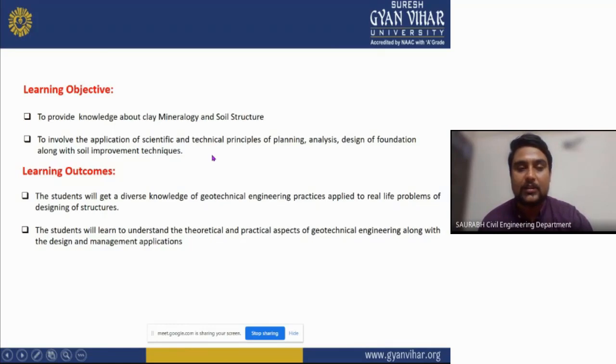There is also a learning outcome where you will understand the knowledge of geotechnical engineering which is applied in the design of structures, and you will also learn about the theoretical and practical aspects of geotechnical engineering used in clay mineralogy and soil structure.